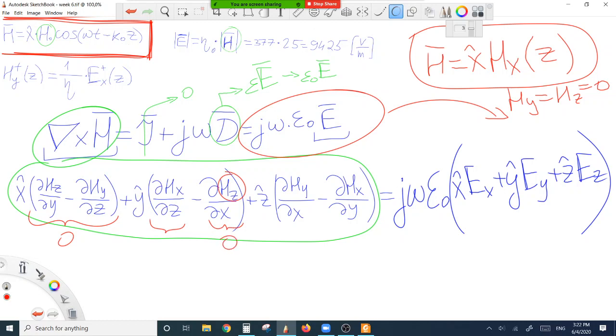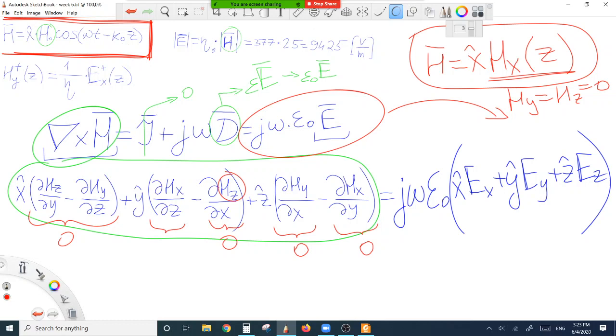For now, we are not looking at dHx over dz. So let's move to the third bracket. Here we have dHy over dx, which is 0. dHx over dy will also be 0 because Hx depends only on z. It doesn't depend on y.